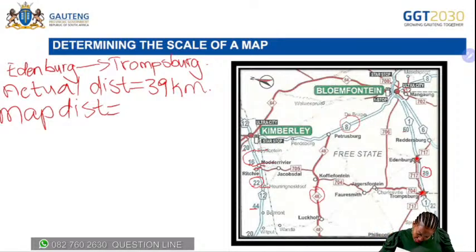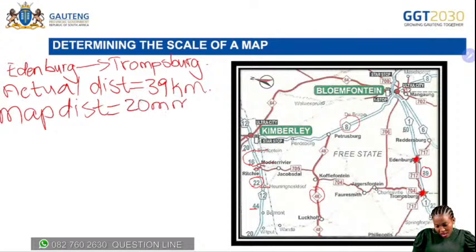And remember, when you measure, guys, you don't measure on the letters, you measure on the points. In this case, you measure from one star to the other star. When I measure using my millimeters, I'm measuring 20 millimeters. So the map distance that I'm getting here is 20 millimeters.